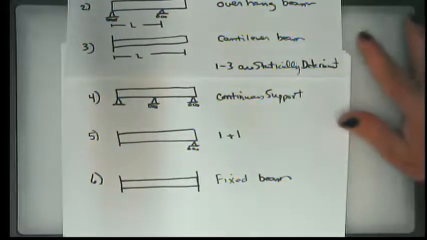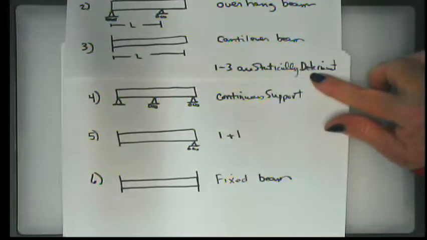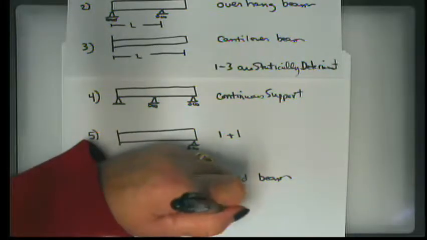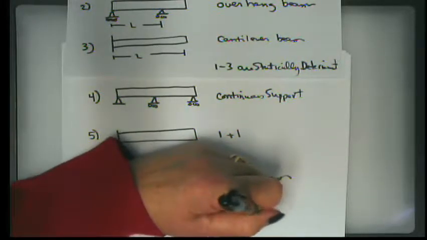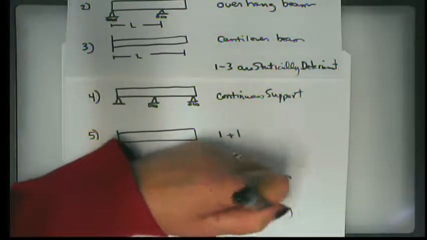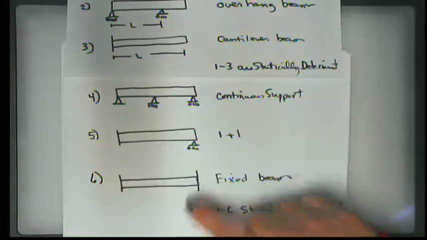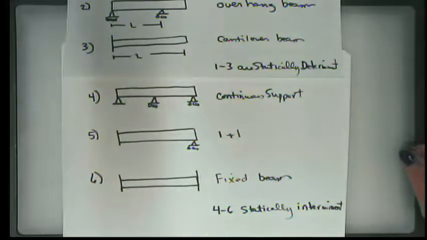Okay. Now, in the same sense that 1 through 3 are statically determinate, 4 through 6 are statically indeterminate, meaning that we're going to have some other type of analysis to aid us in finding what the reactions are at the supports.